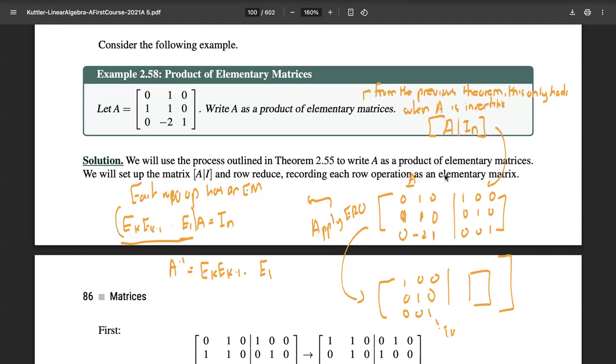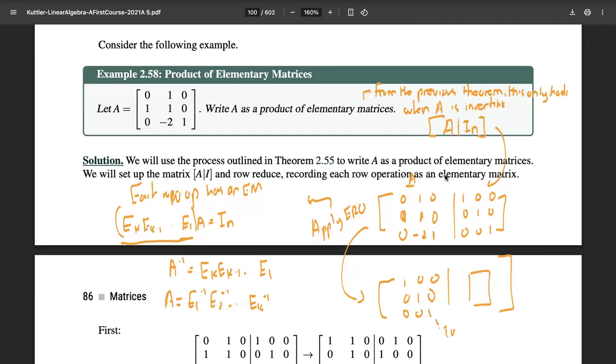And if I apply the inverse to both sides, I would have A equal to E1 inverse, E2 inverse, up to EK inverse. And if you're not sure about what's going on here, I just applied the properties of the inverse matrices, right? So that's towards the end of, I think, the finding the inverse of a matrix subsection.